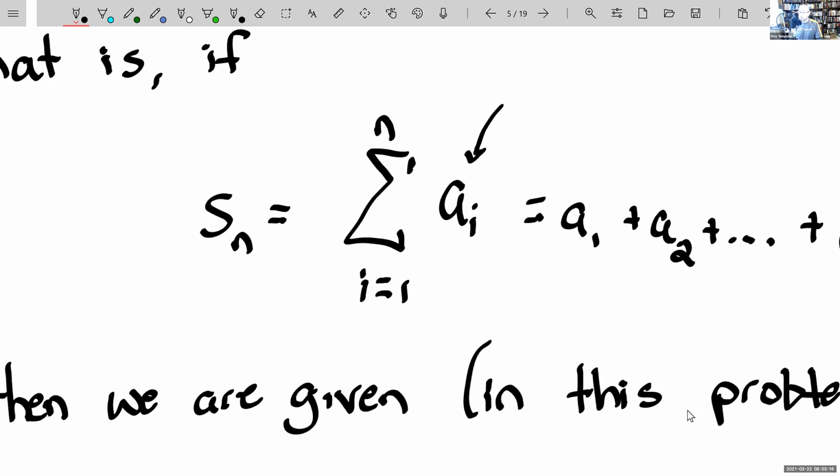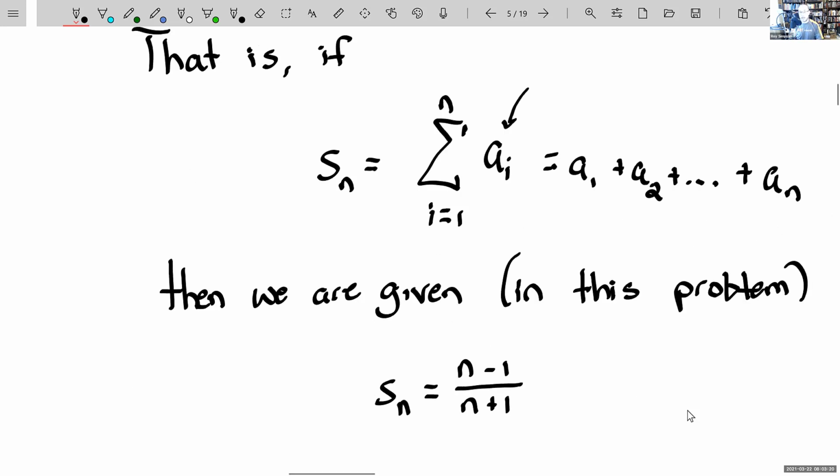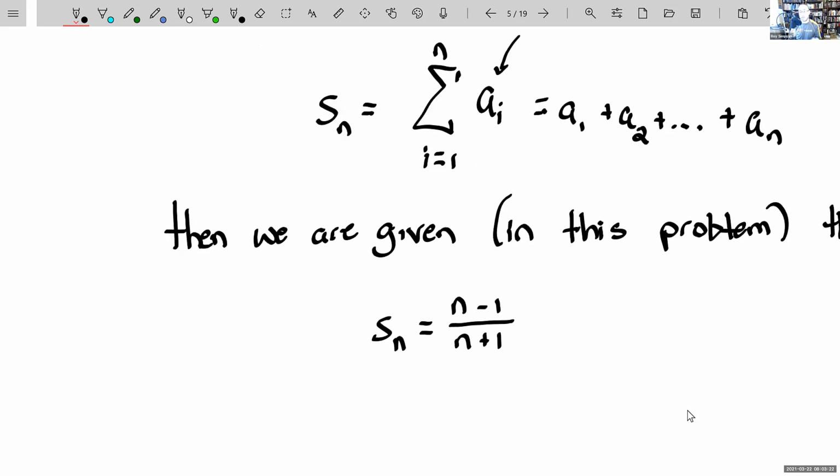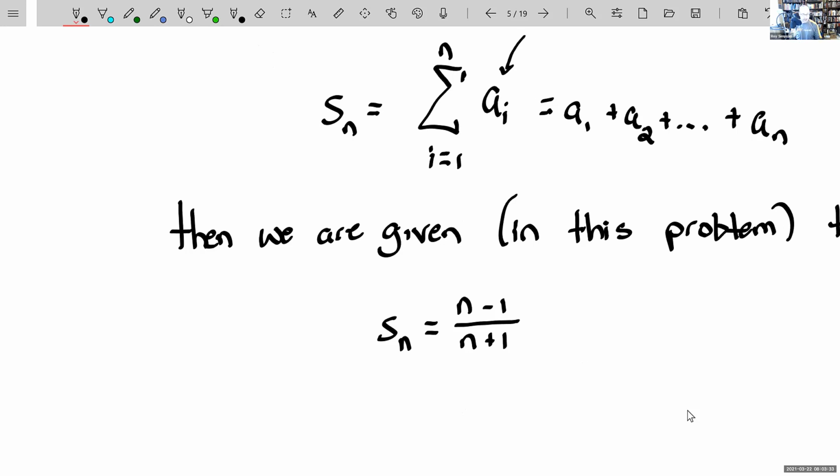All they did is say, hey, if you add up the base sequence to the nth term, it turns into n minus 1 over n plus 1. But they never told us the base sequence. But it turns out if they tell me what the nth partial sum is, I can find the base sequence.